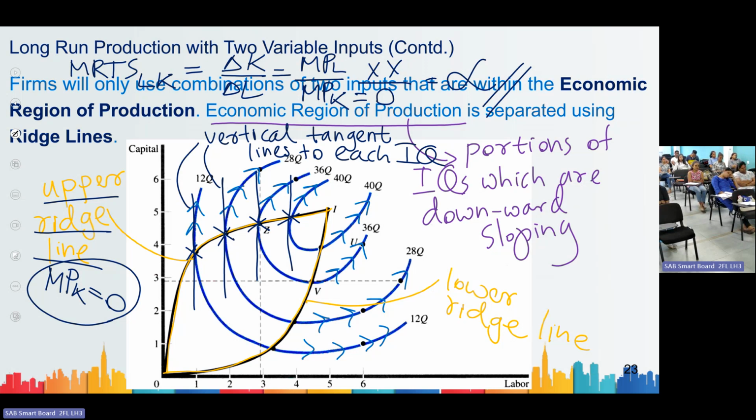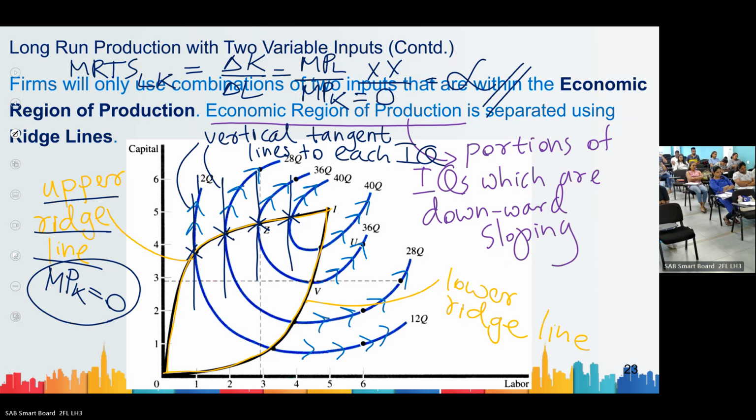You should understand that for any vertical line, the slope is infinite. For any curve which is horizontal, the slope is 0. The slope of this curve is 0. This curve is infinite. So these tangential lines have infinite slope.